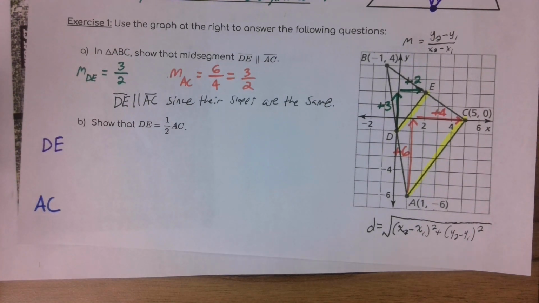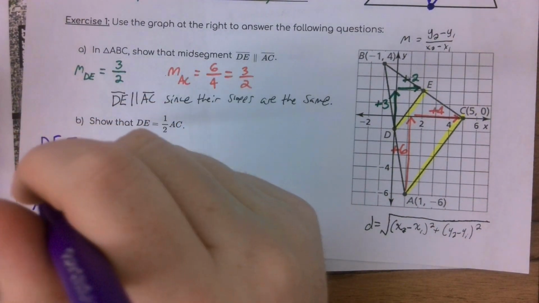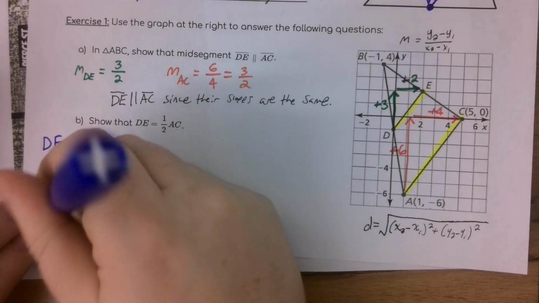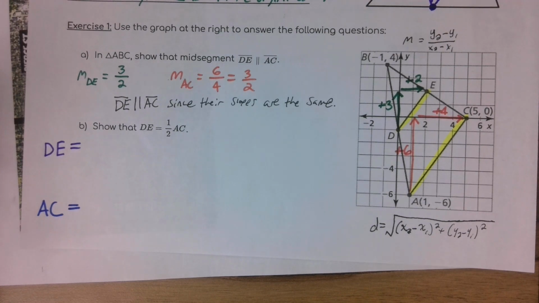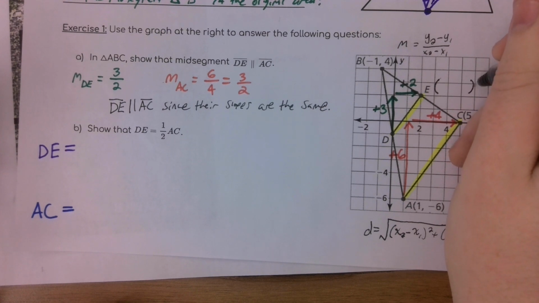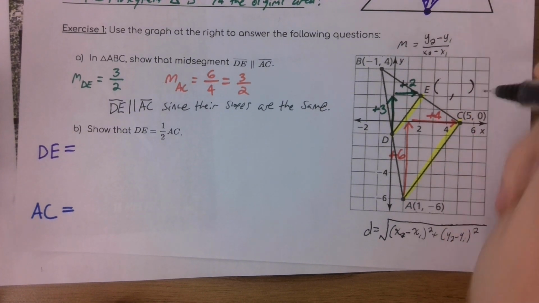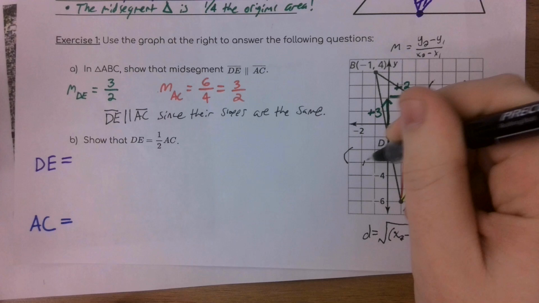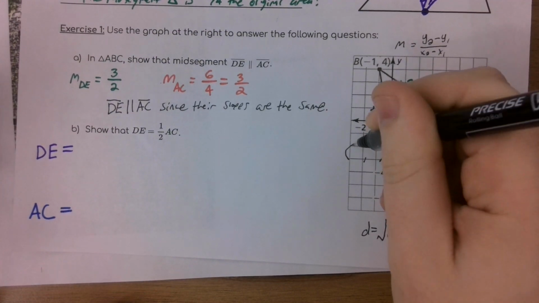So let's take a look here. To find the distance between D and E and AC, we're going to use these formulas. Of course, we are going to need to know the coordinates of D and E as well. So here's what I'd like you to do. Once again, you're going to pause the video.